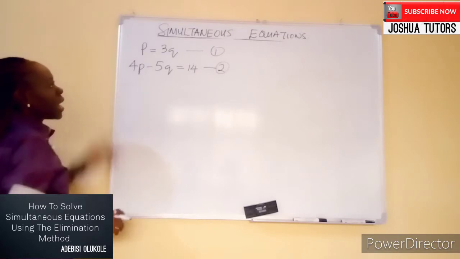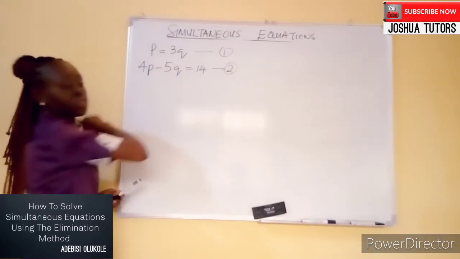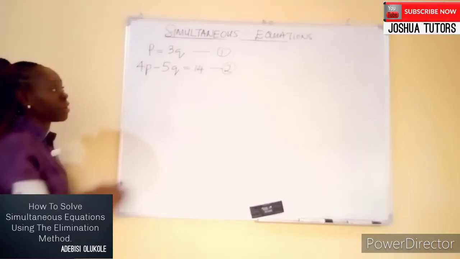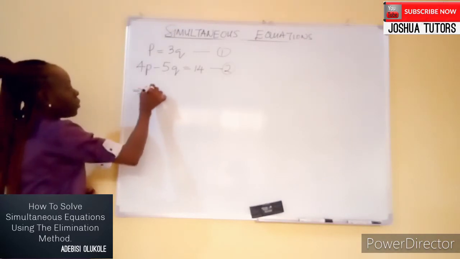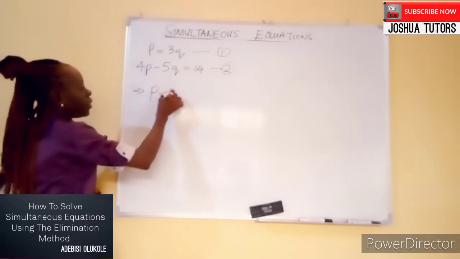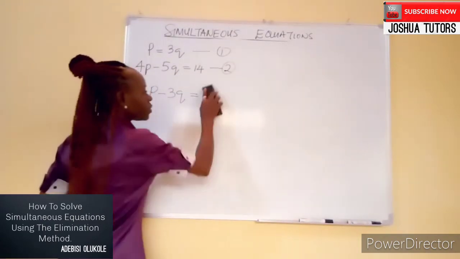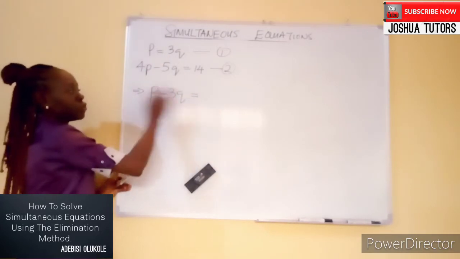So I'm going to rearrange equation 1 so that every other thing flushes to the left and I have the constant on the right hand side of the equation, like you have it in equation 2. So let's go. Equation 1 becomes P minus 3Q equal to 0. So it is not nothing. 3Q moved from the right hand side to the left hand side.